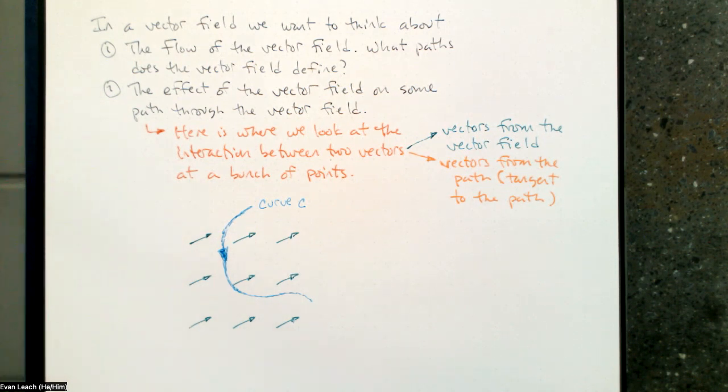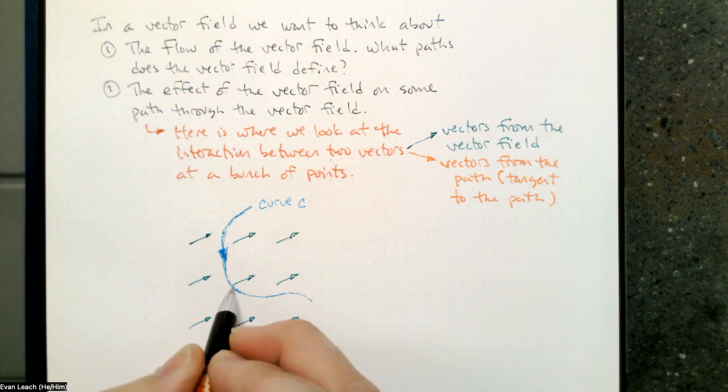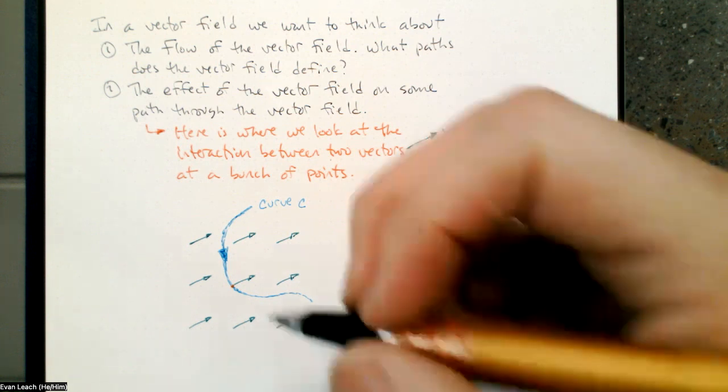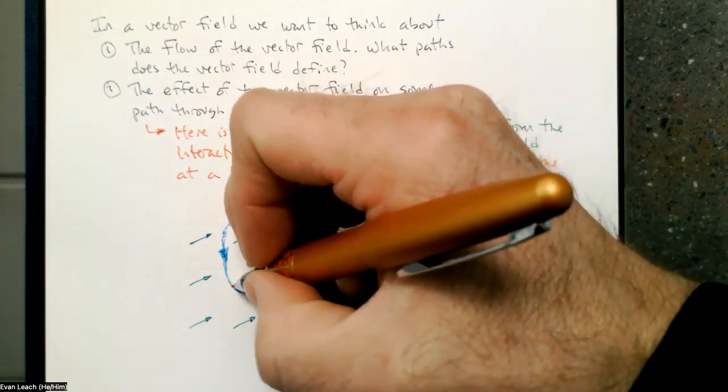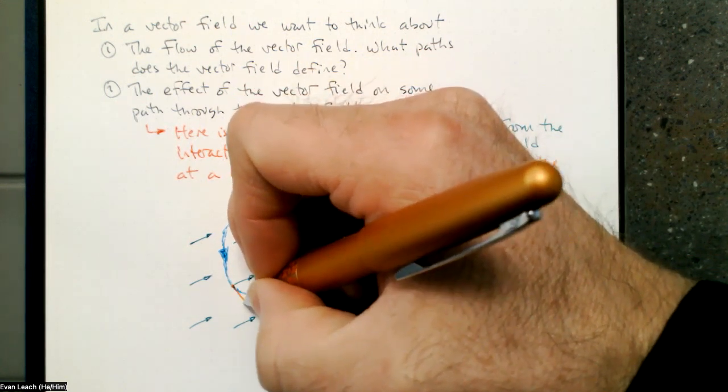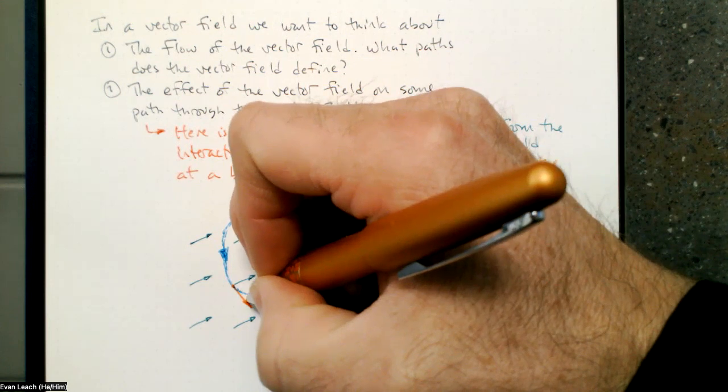And the two vectors, so the curve itself is just a bunch of points with some orientation running through the vector field. And we're interested at a particular point in the interaction between the vector field and a vector tangent to the curve. The direction of the vector field is kind of coming across this way with some kind of magnitude.